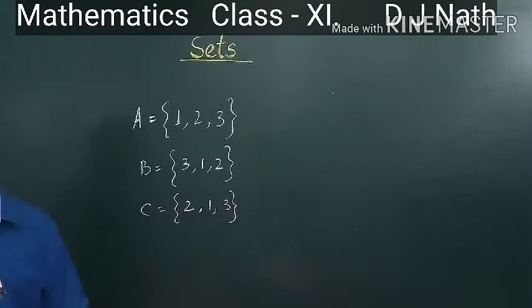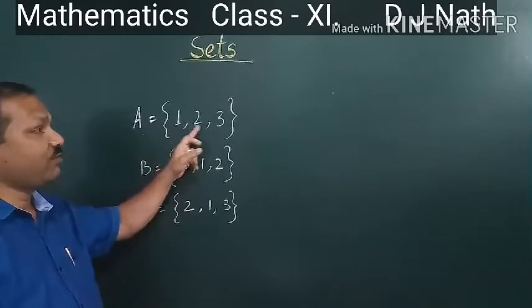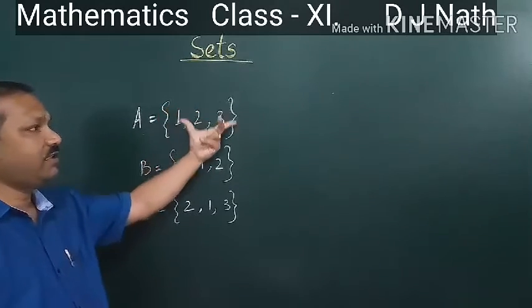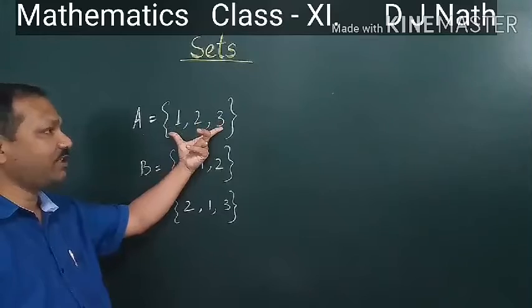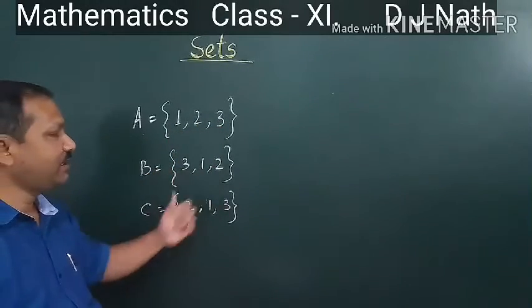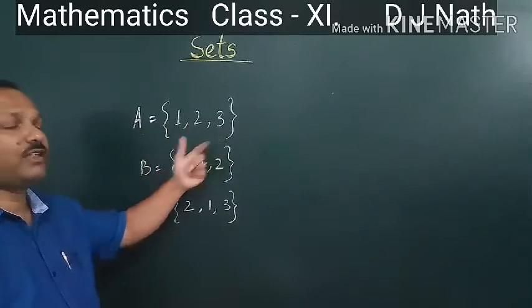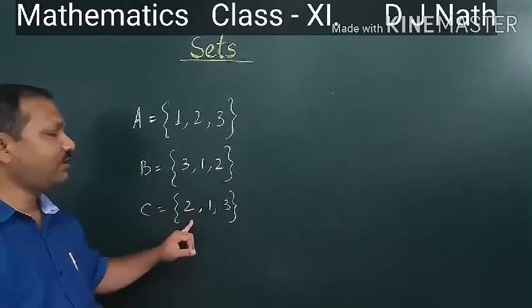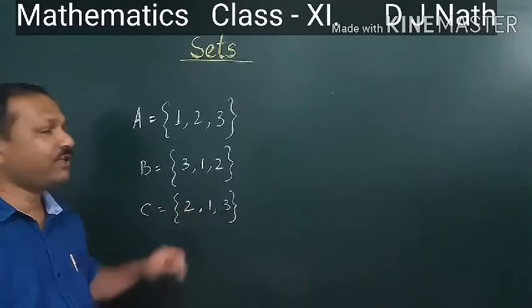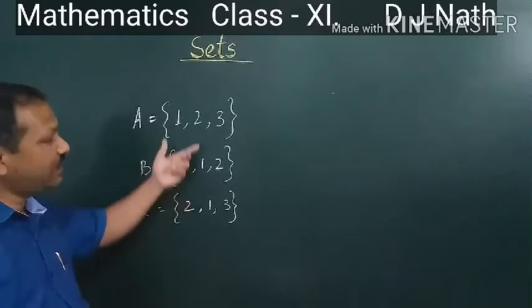Okay. Now remember, when we write the elements of the sets, in between commas should be given and it should be covered with a curly bracket. Then only this will represent the set. Now these three sets, you look at that. Here elements are 1, 2, 3. Here 3, 2, 1. Here 2, 1, 3. Whether these sets are same or equal or not? Yes.